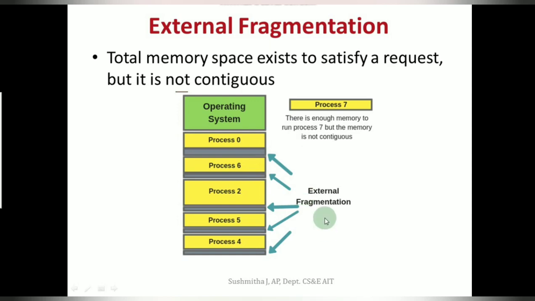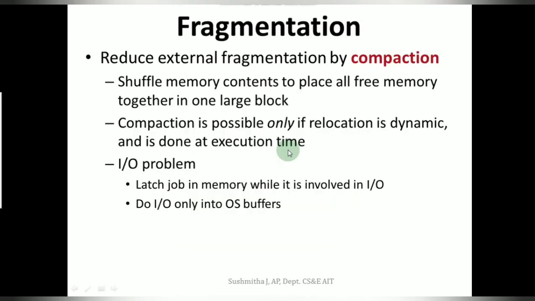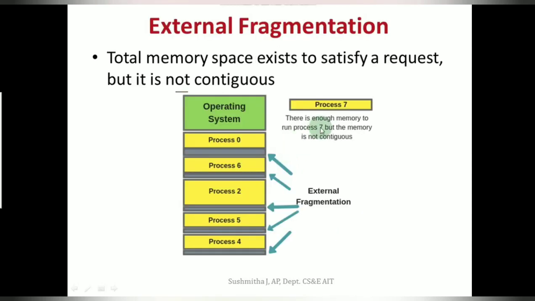If all this is put together, it could probably satisfy a process request, but because it is not available together, or not available contiguously, it remains unused and wasted. This we call external fragmentation.